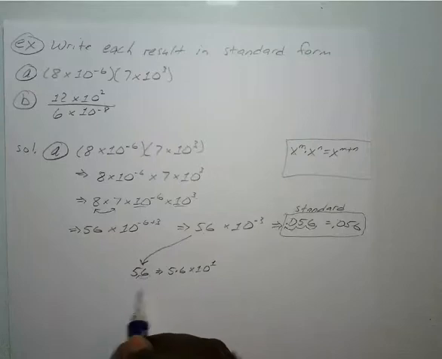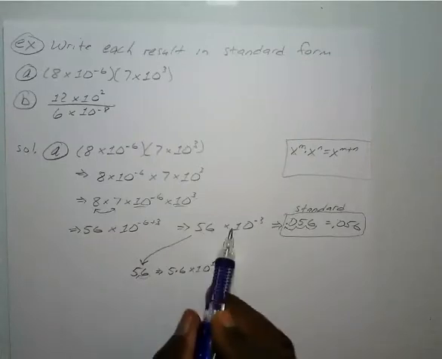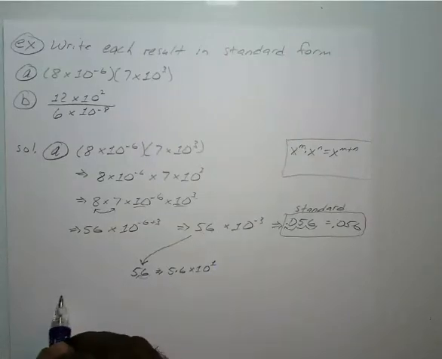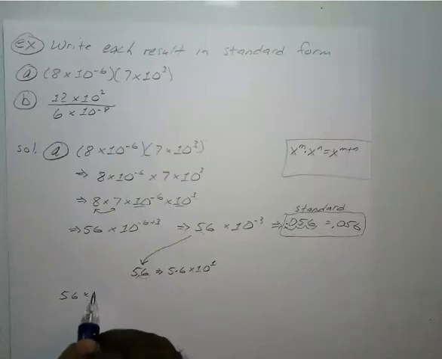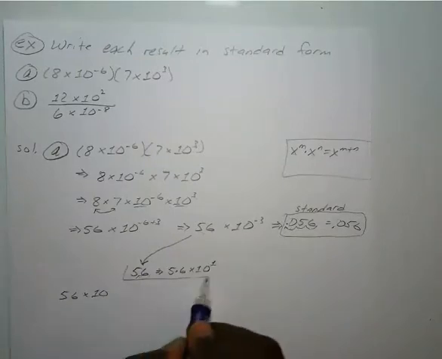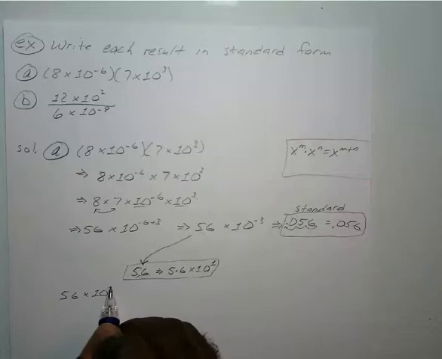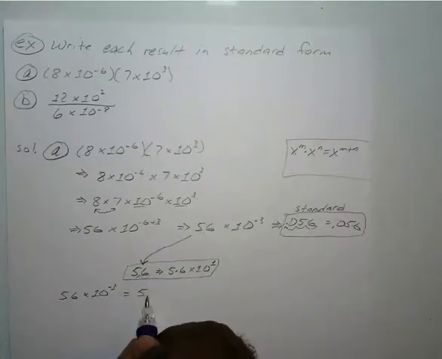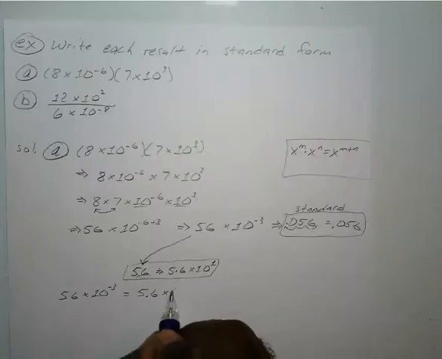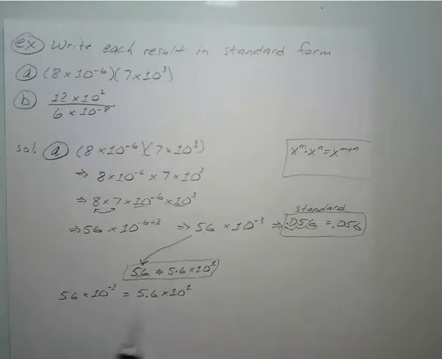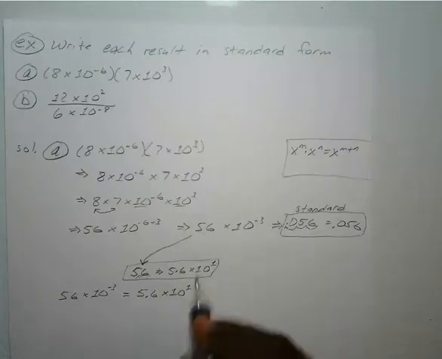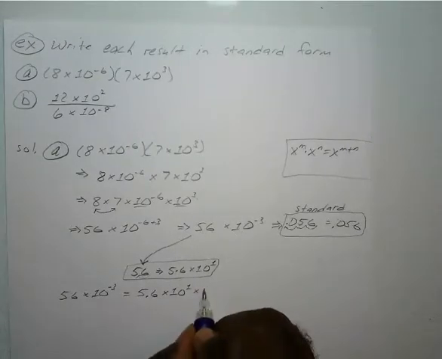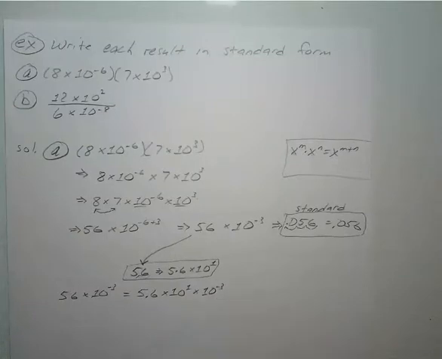So that means instead of 56 times 10 to the negative third power, it becomes 5.6 times 10 to the first power, because we just replaced 56 with 5.6 times 10 to the first, and that's still times 10 to the negative 3 power.